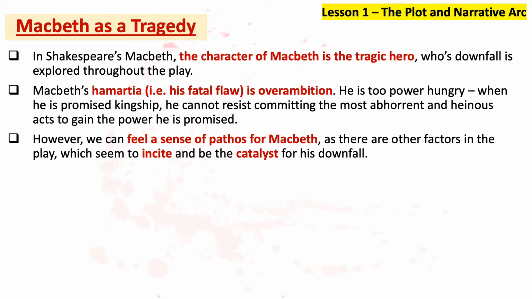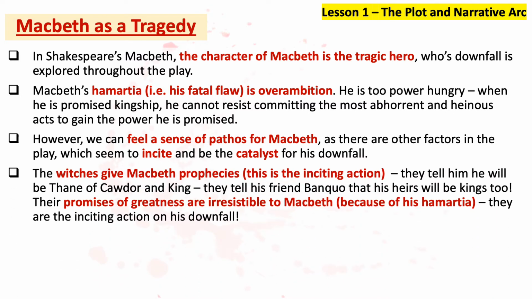But that said, even though he commits these deplorable acts out of a sense that he just wants power, we can feel a sense of pathos for Macbeth, as there are other factors which seem to incite him to act upon his fatal flaw. And there are aspects that seem to be the catalyst for him heading on his downfall.